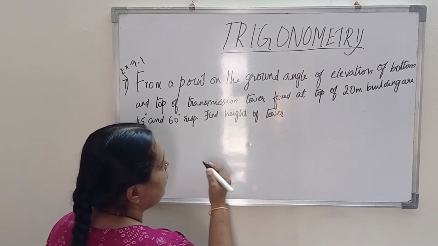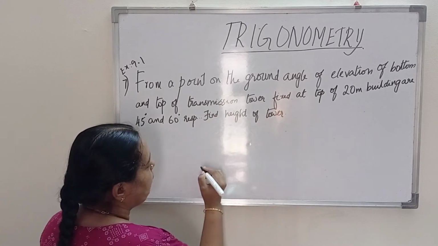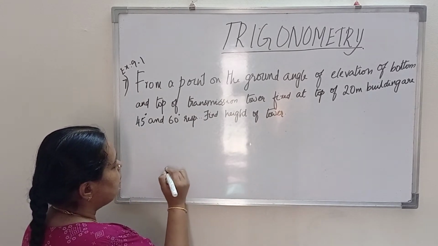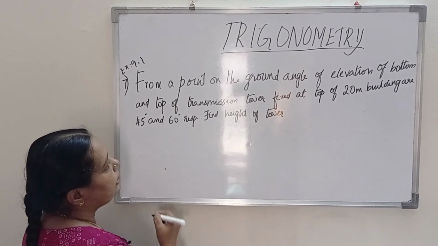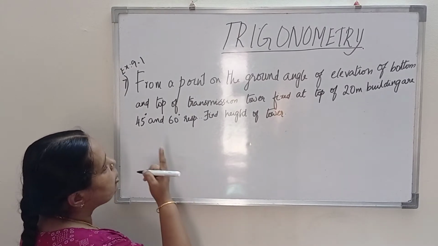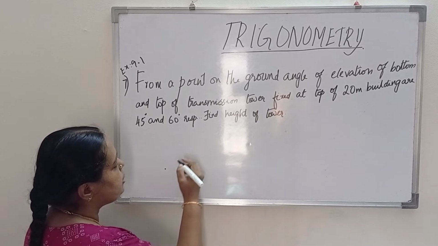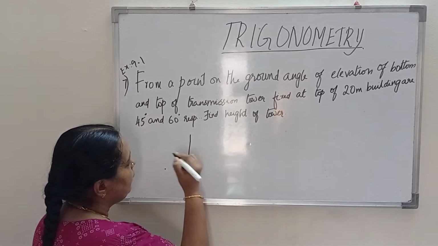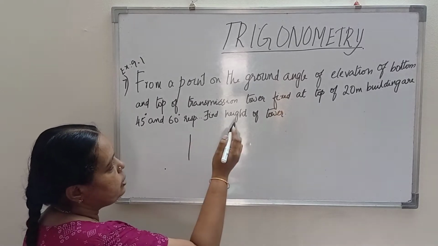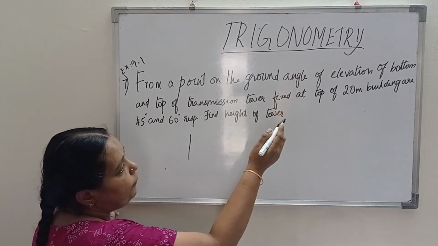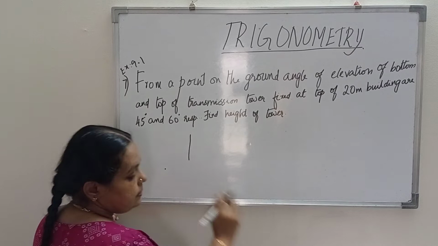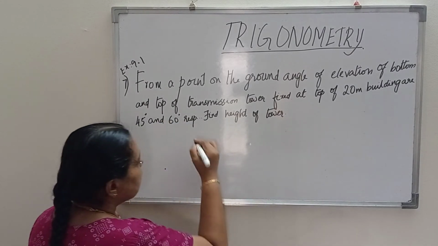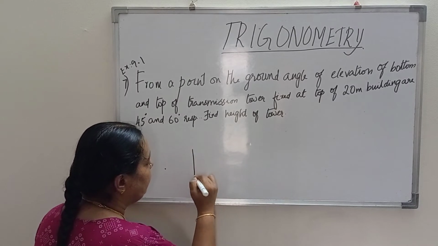So, let us draw an image. From the point on the ground, the angles of elevation of the bottom and top of the transmission tower fixed on top of a 20-meter building.